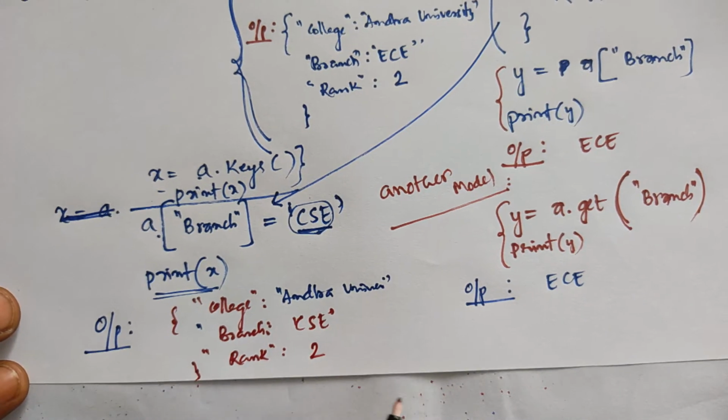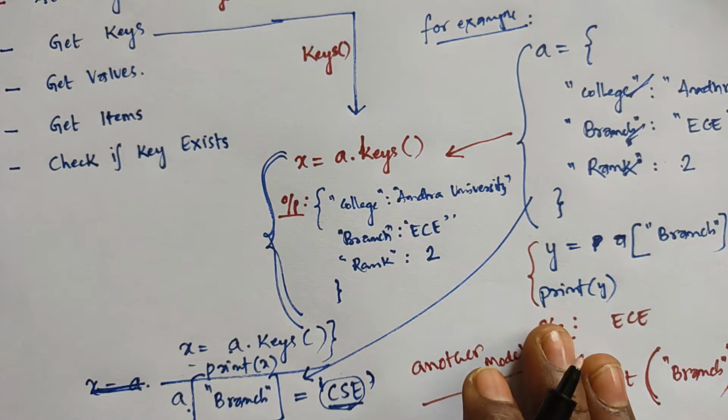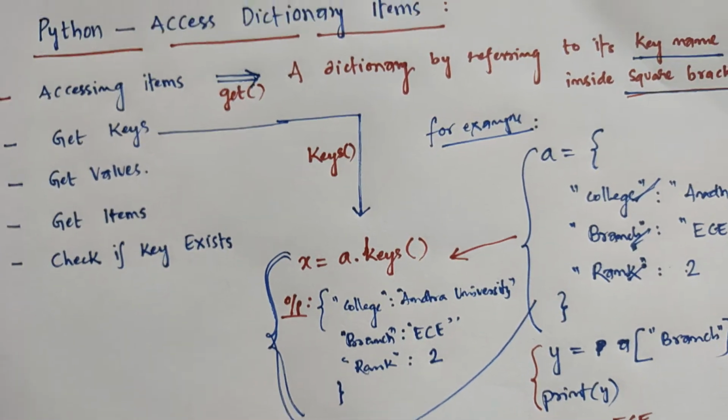Like that you will get the execution of the entire process. That is the main concept of get keys.